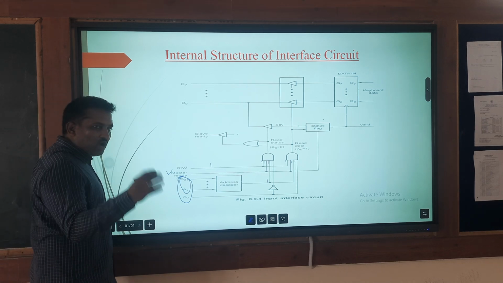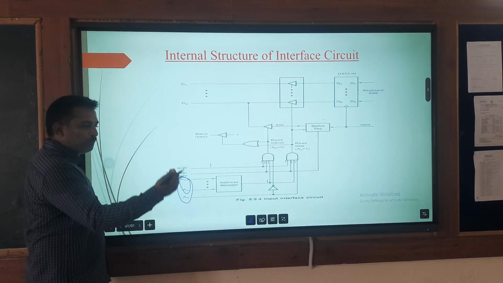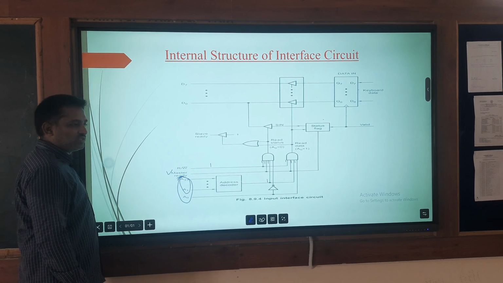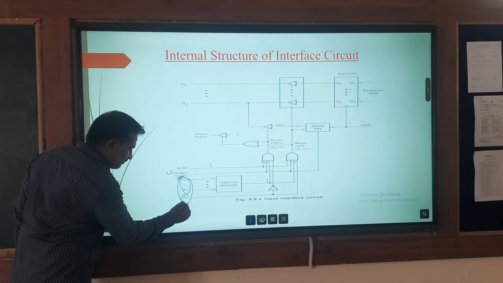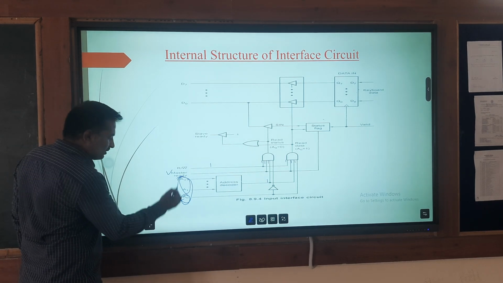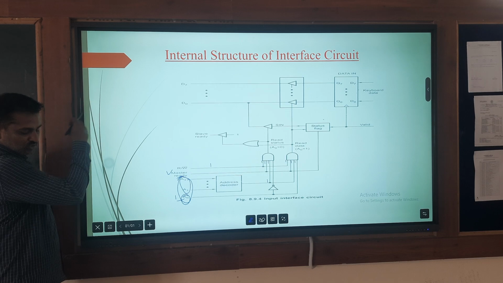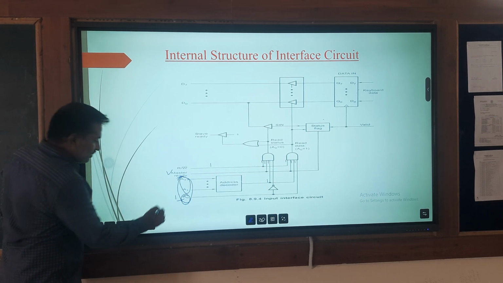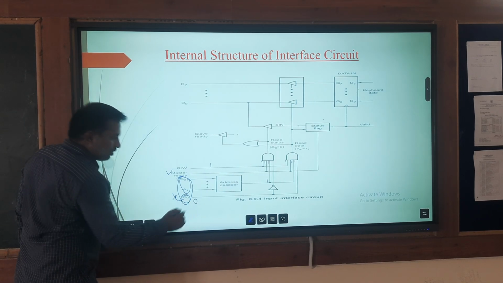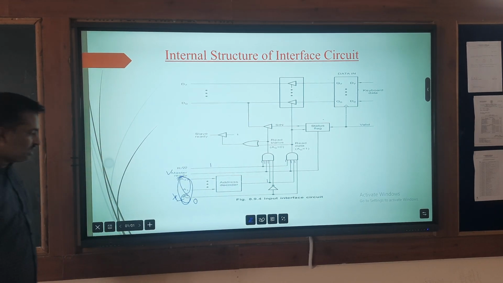Now, whether we want to read the status or receive the input data from the keyboard to the processor is distinguished with the help of the A0 bit. If A0 is equal to 1, then we are going to receive the data from the data-in buffer register to the processor. If A0 is equal to 0, then we are going to read the status information only.